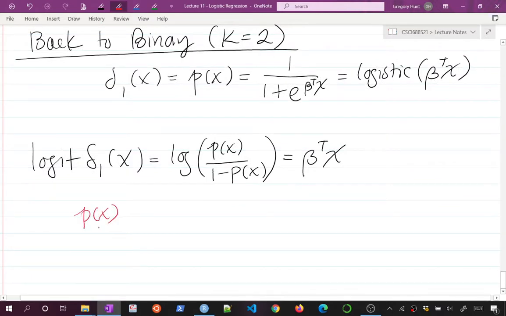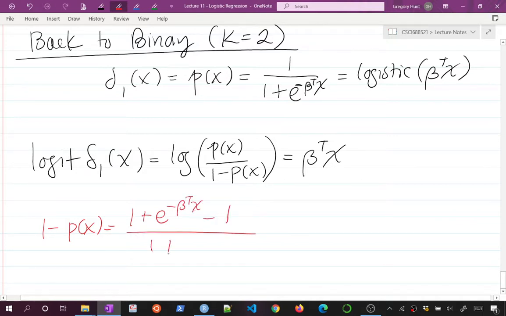All right, p of x over 1 minus p of x is, whoops, I always mess up my negative here. 1 minus p of x is 1 plus e to the negative beta transpose x minus 1, over 1 plus e to the negative beta transpose x, which gives me e to the negative beta transpose x in the numerator, right?